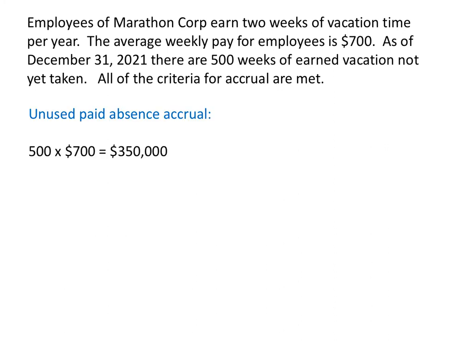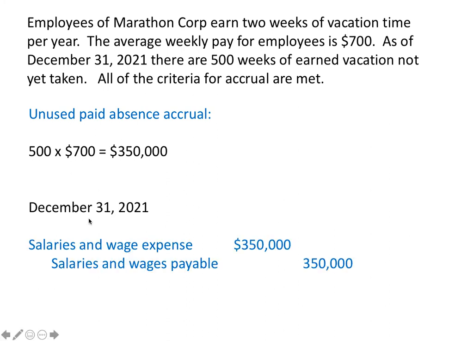We calculate the amount of the accrual by taking the number of weeks of earned vacation time times the average weekly amount of salary to give us the amount that will need to be accrued. So 500 weeks times $700 per week gives us $350,000 of unpaid time off that employees have earned.